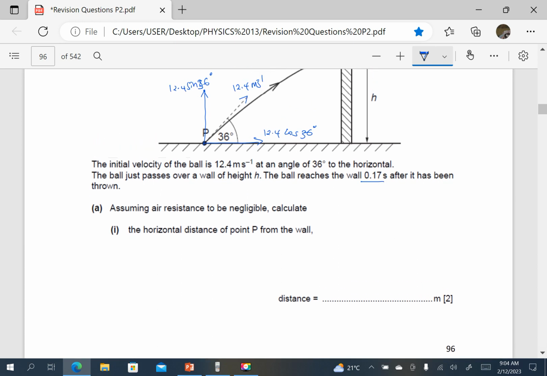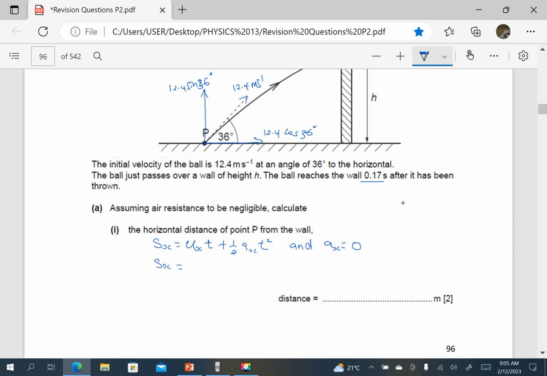For horizontal distance, I will consider horizontal motion: s in x equals initial velocity in x times time t plus a half a in x times t squared. Remember, if I consider horizontal motion, acceleration in the horizontal is 0.